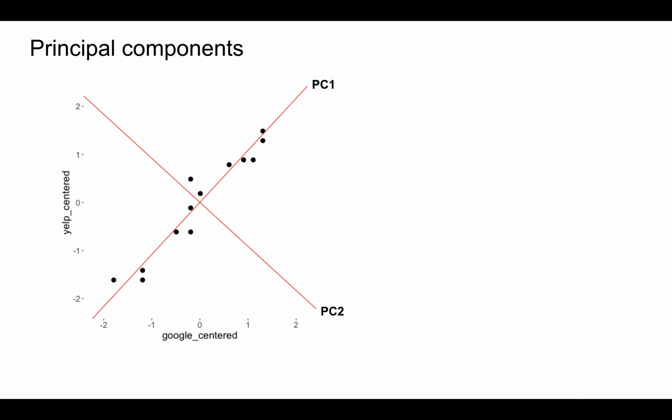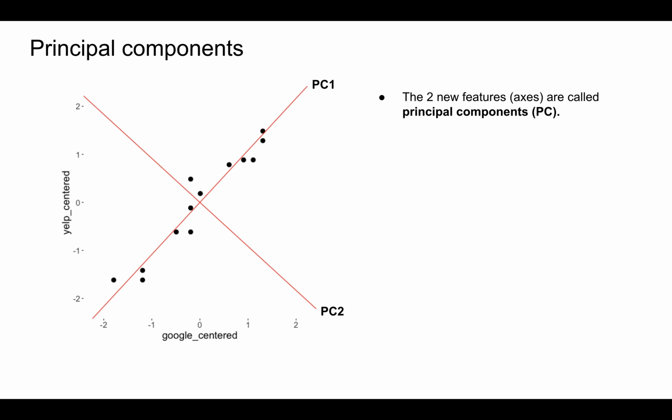Let's dig into the details a bit. Notice that what we've done is rotated our original Yelp and Google axes, producing 2 new axes. These axes correspond to 2 new features, which are called principal components. We'll label these as the first principal component and second principal component.